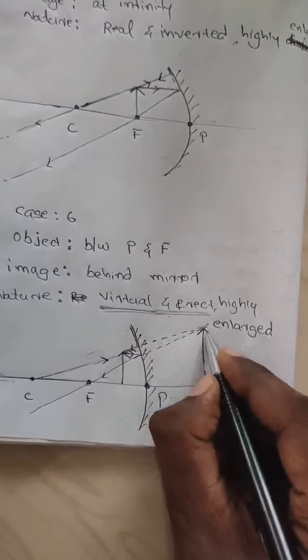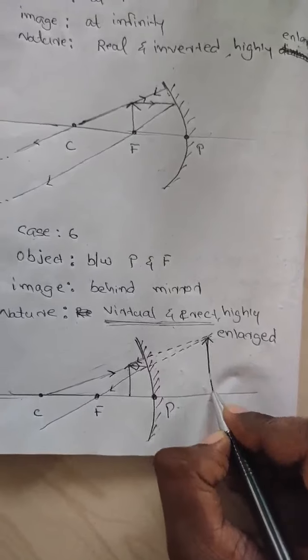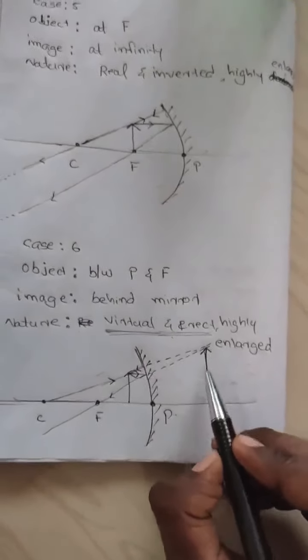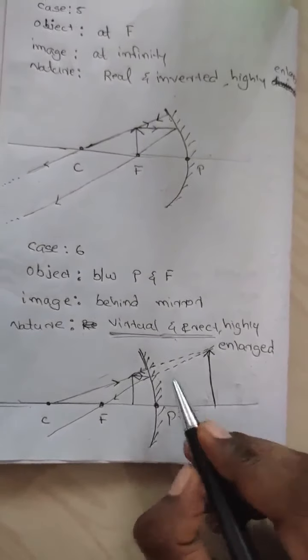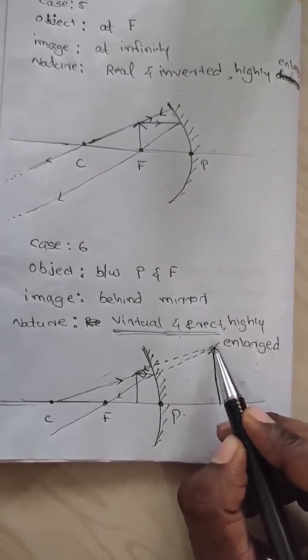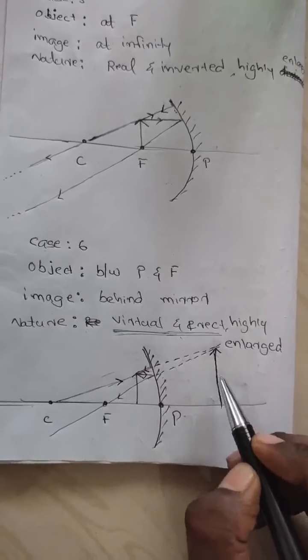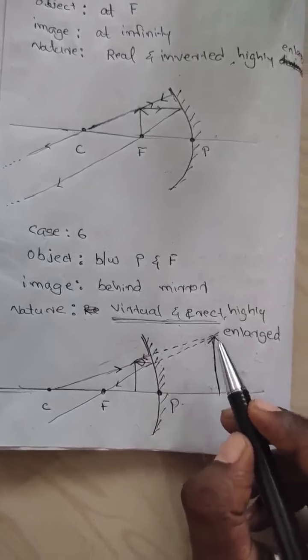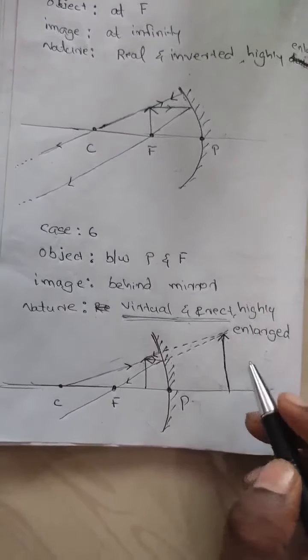Listen, in this case these two rays are not actually meeting. They appear to be meeting at this point. Such a point, where two reflected rays appear to meet, is the position of the virtual image.